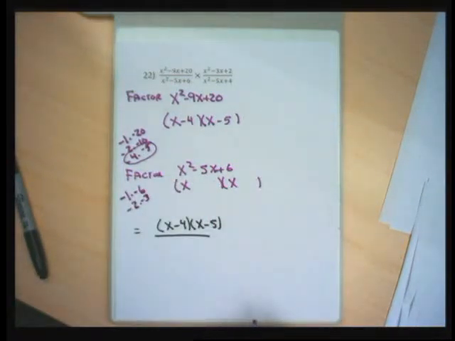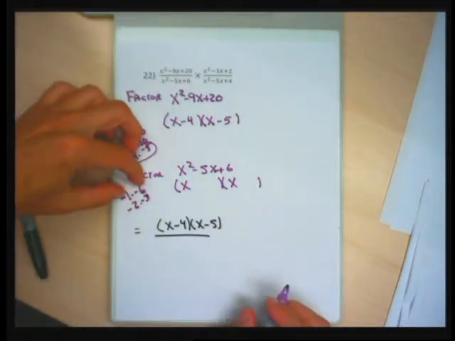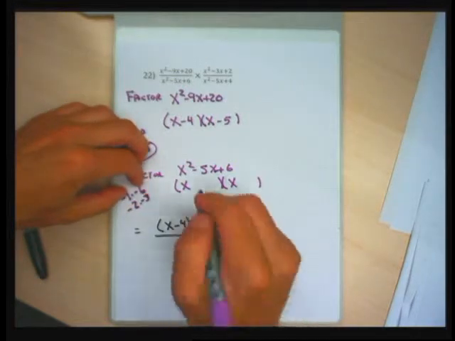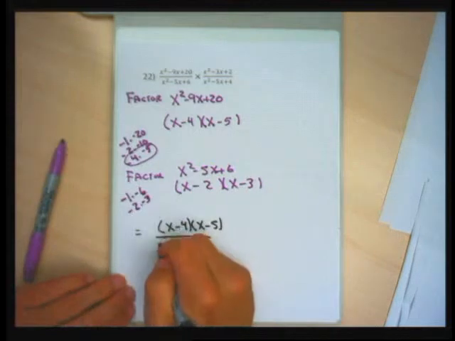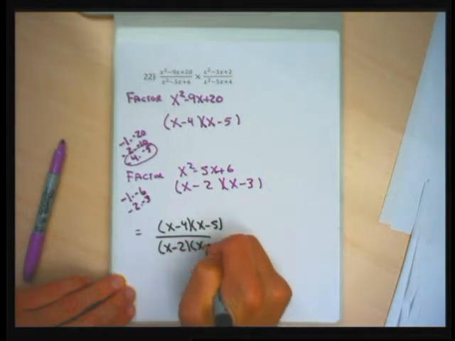They both look like they give me a 5, but the 6 and the 1 actually, because they have the same signs, would give me a 7. Minus 1 and minus 6 add up to be negative 7. Minus 2 and minus 3 are the pair that I need here because they give me the 5 that I need. So in the denominator of my work, I need an x minus 2 and an x minus 3.